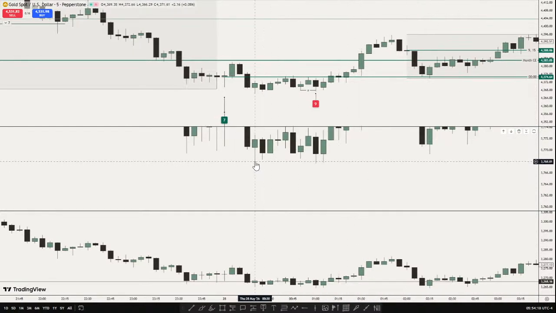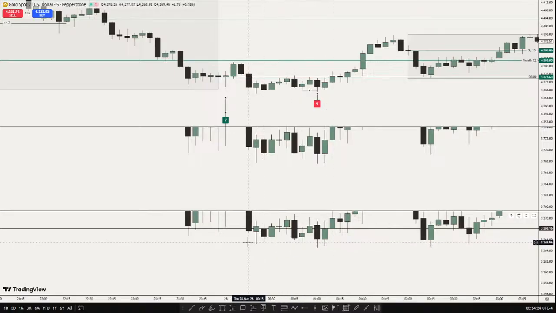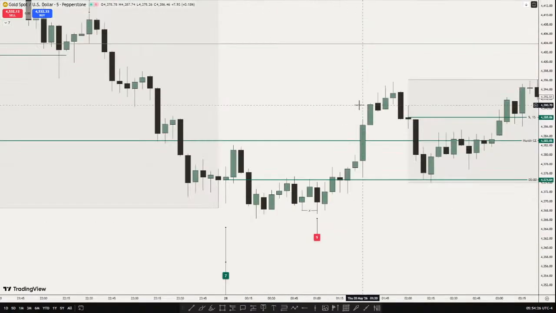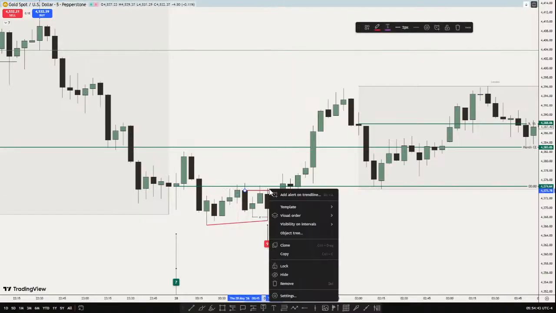You see this low is taken out, and also this was taken out on XAUUSD, but on gold futures it was not taken out. So we had an SMT with sweep and then a 5 minute order block here, which was a CSD. So you can say CSD or order block.